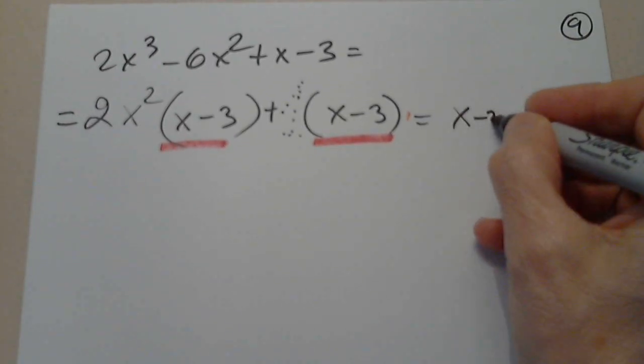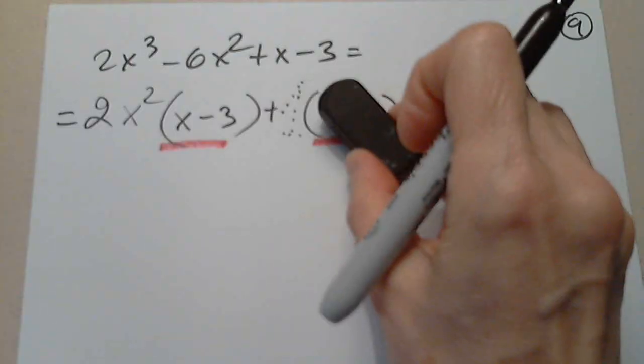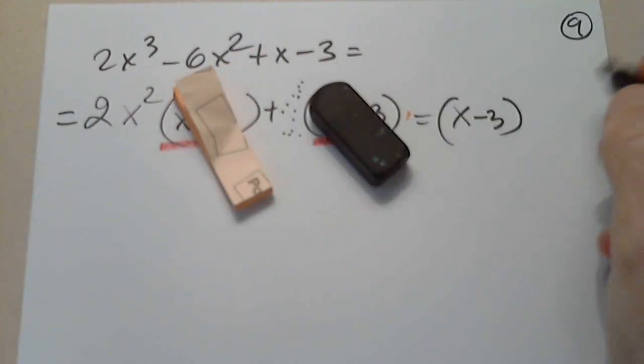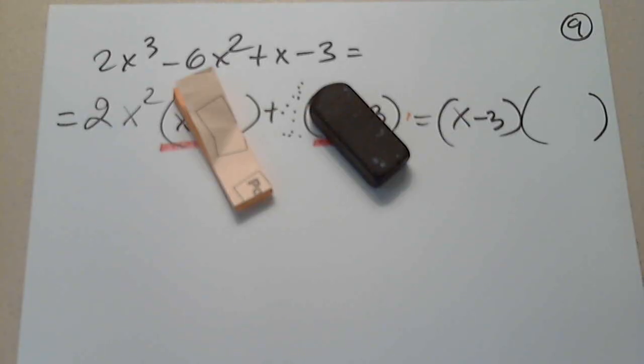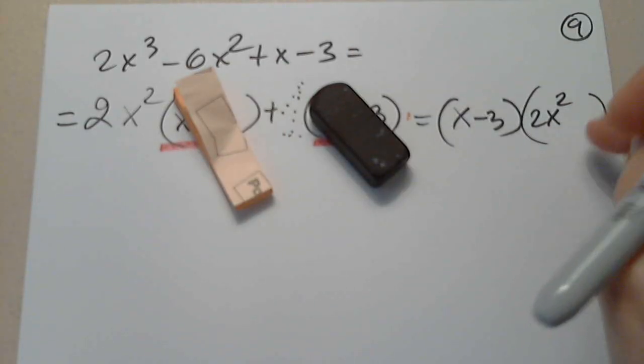X minus 3. Good. And after this is out completely, what is left? X squared. I have two terms. I have to have two terms here.